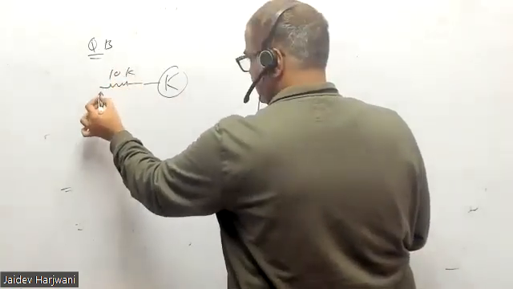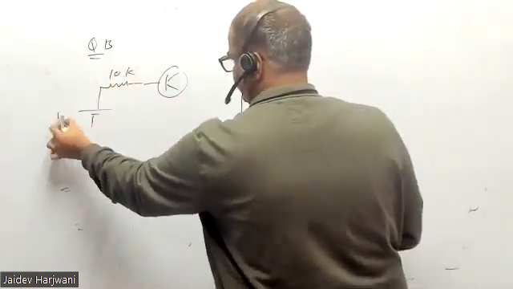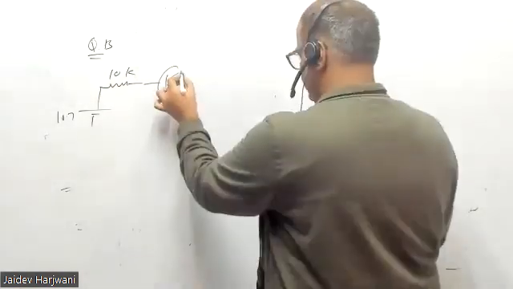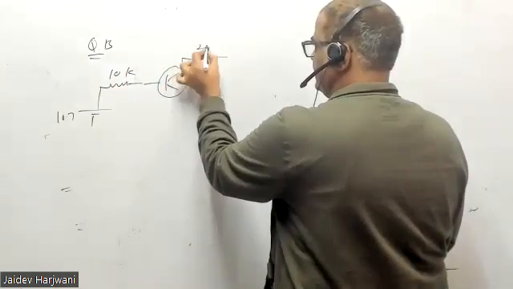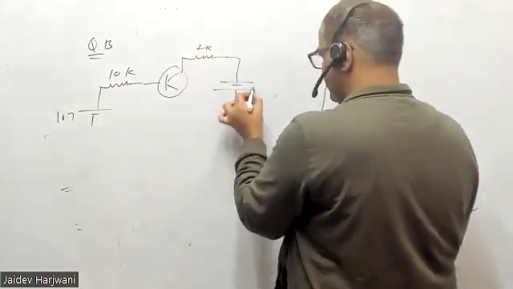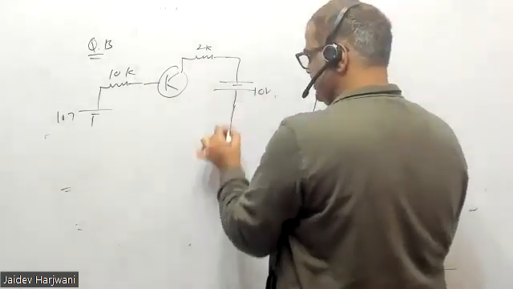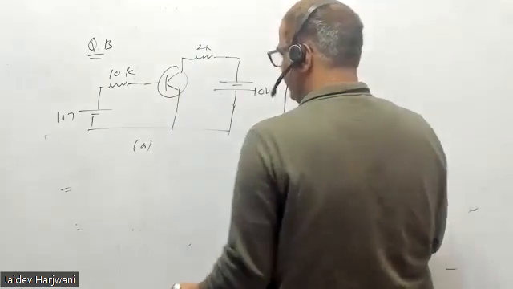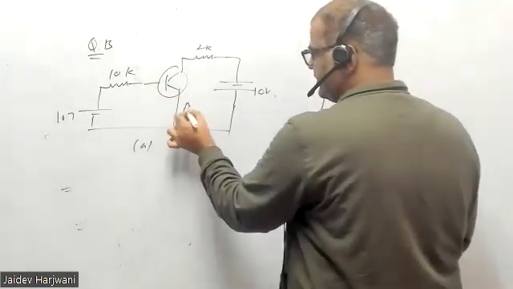10K, 10.7, and this is your 2K, and this is your 10 volt. This is connected like this. So this is circuit A. इसमें बीटा 100 है.